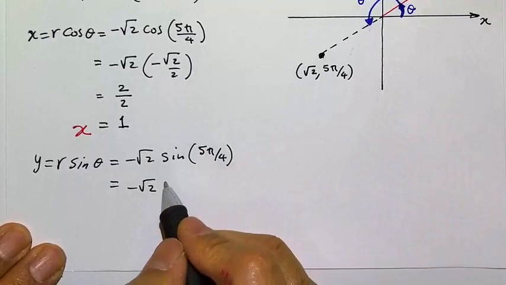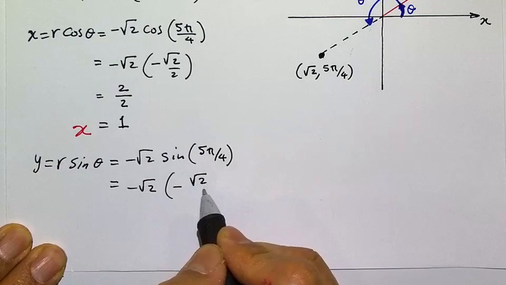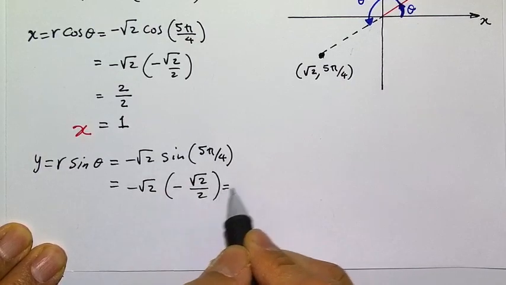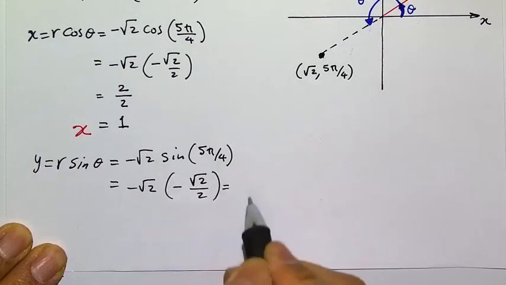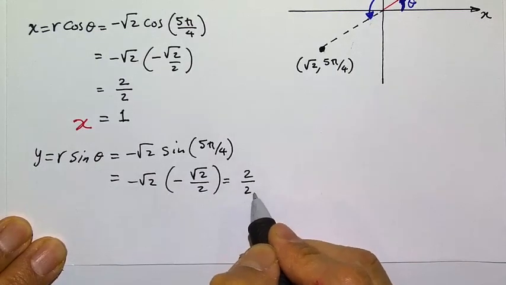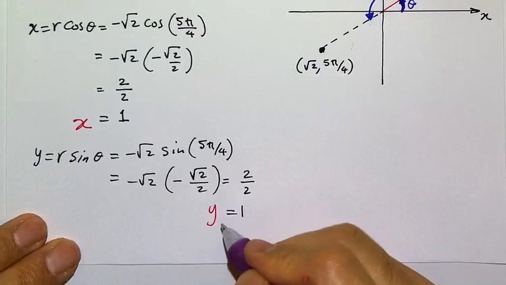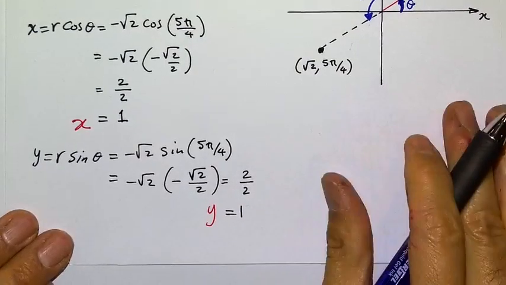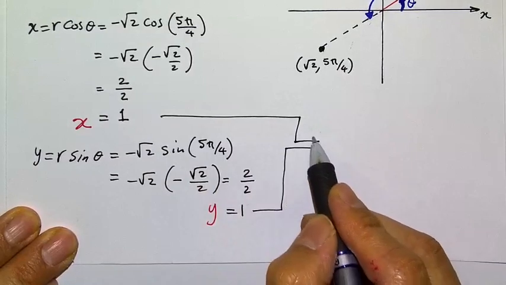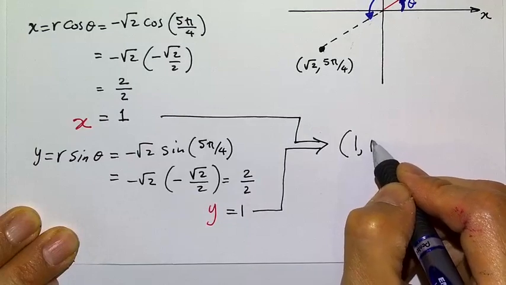So we have minus, again, square root of 2 over 2. And again, we get positive 2 over 2, or 1. So this is our y coordinate. So we have our x, we have our y, and the coordinate is 1, 1.